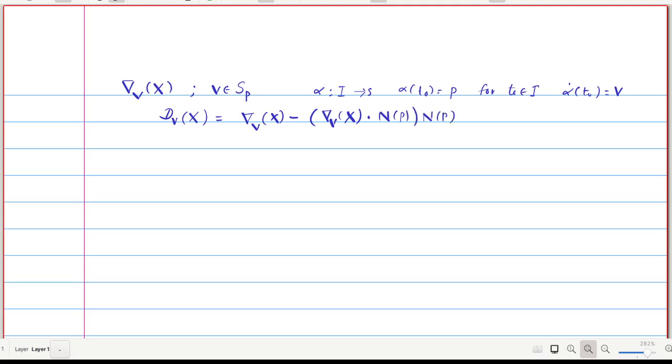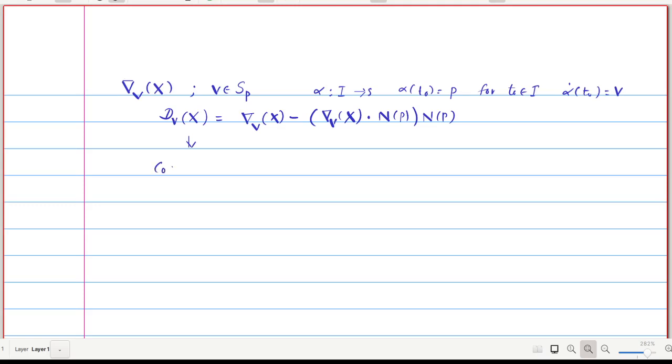This gives the normal component of del v x. When you remove it, the remainder is in the tangent space. So d v x is in the tangent space, and it is called the covariant derivative.